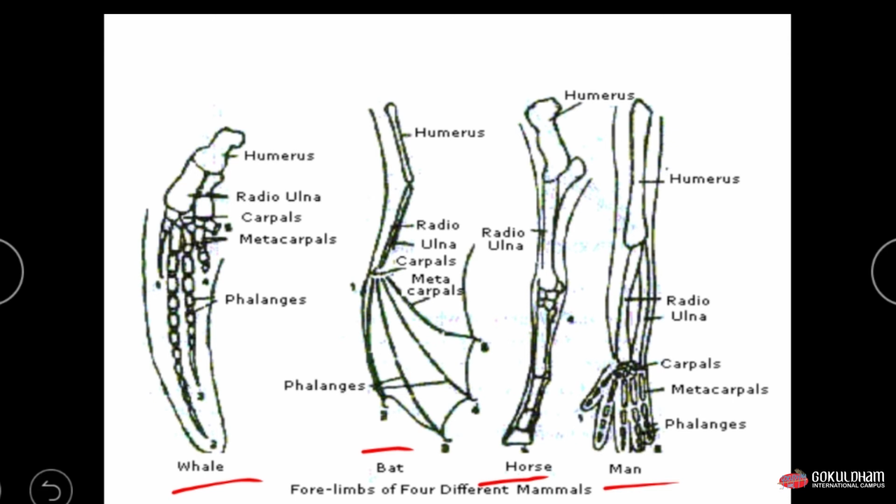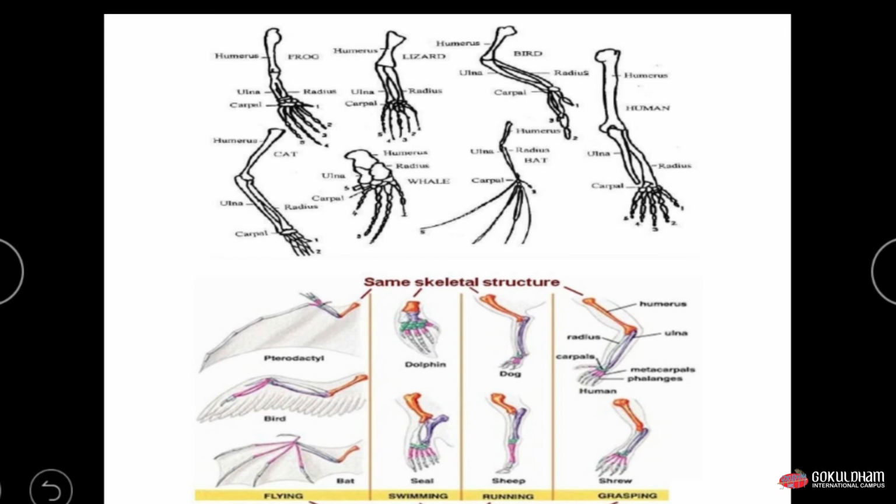For example, whales use their forelimbs for swimming, whereas bats use their forelimbs for flying, and horses use their forelimbs for running. You can see in this picture also that their skeleton structure is similar, but their function is different from each other.